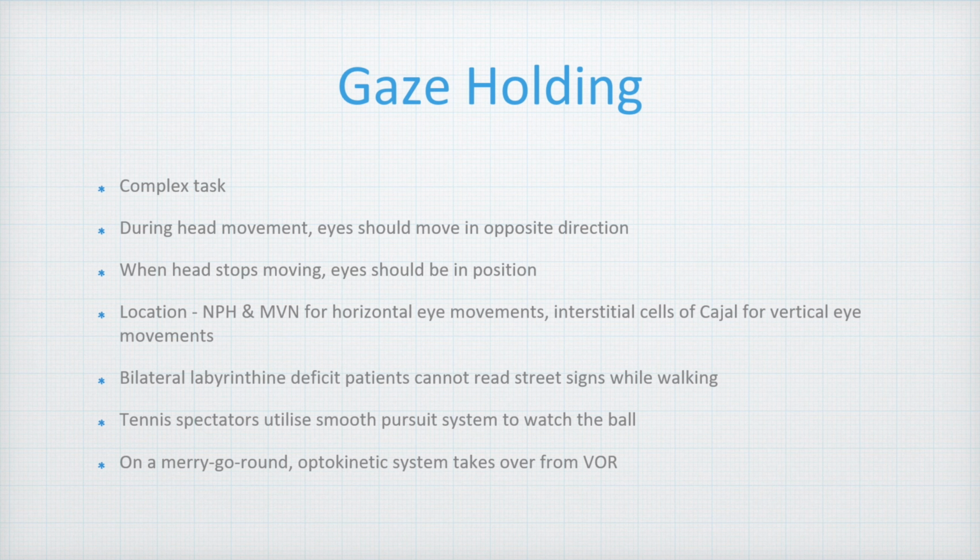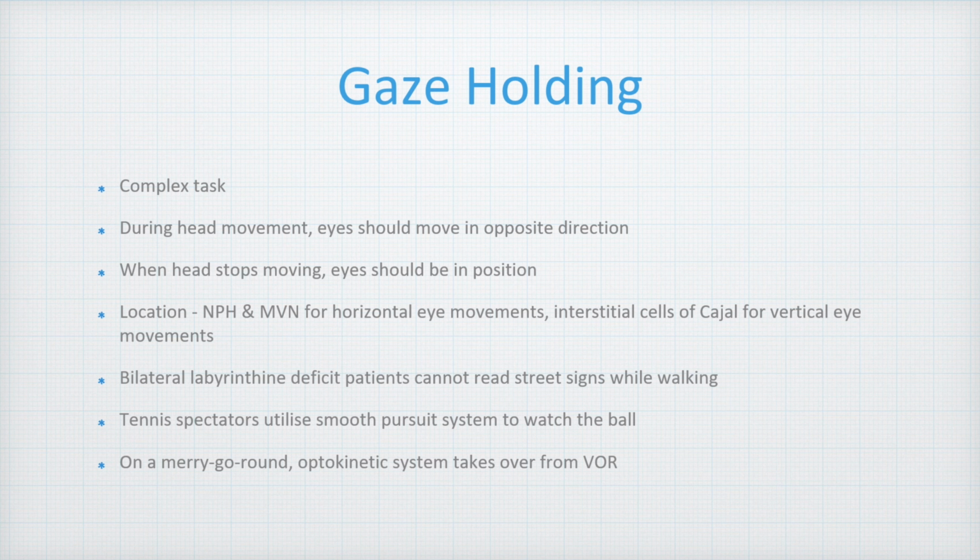Now let's talk about how gaze fixation is maintained. How do you maintain your gaze at one object? Suppose you are running and you're looking at your phone, you're able to still look at your phone. Ideally you should not be, due to health hazards, but in a moving car you can focus your gaze on a screen. Again, ideally you should not be doing it, but the point is that human physiology allows us to focus our gaze on an object even when we are moving, especially if we are running or walking.